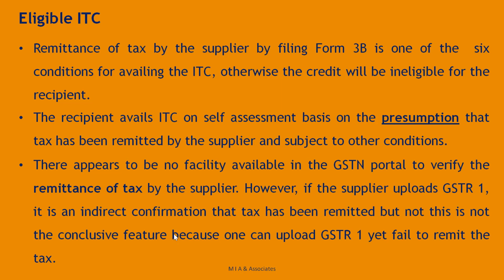The point is, if there is any other source through which the recipient is confident of remittance of tax by the supplier, the same can be relied upon after proper documentation, although it may not appear in GSTR-2A or 2B, and the credit can be availed based on these documents.